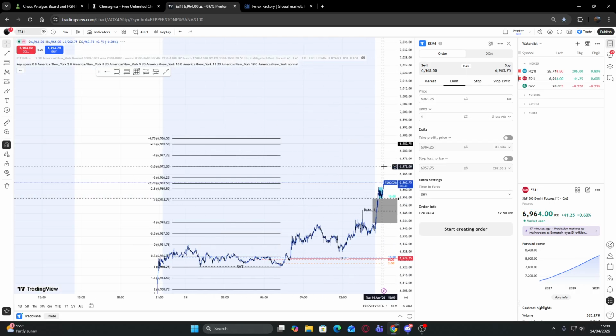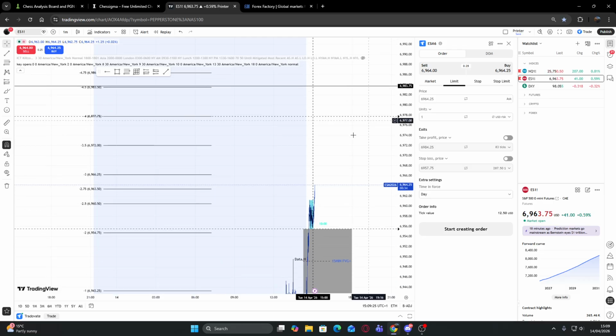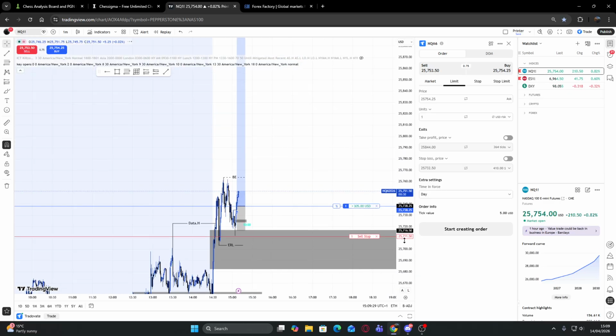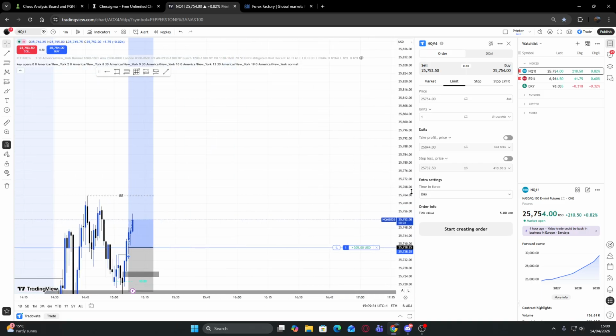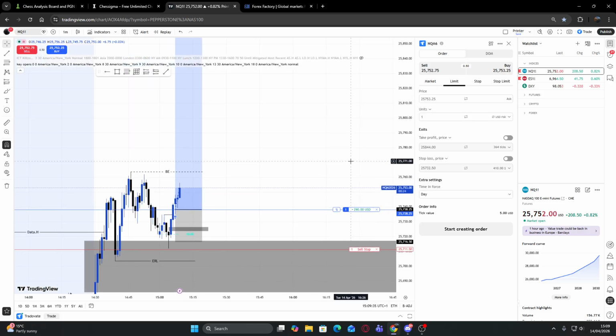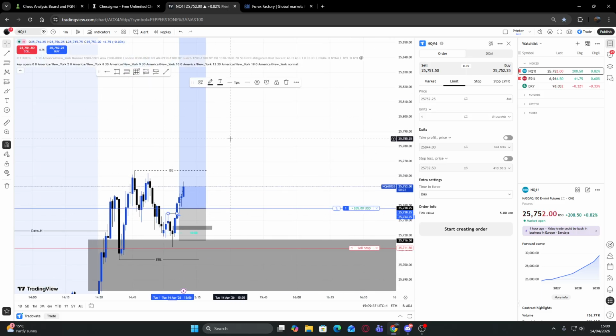I want to know when the ES is taking this out. But we should start moving. Obviously I entered on the CSD, changed character, whatever you want to call it. But we have a protected low here now.